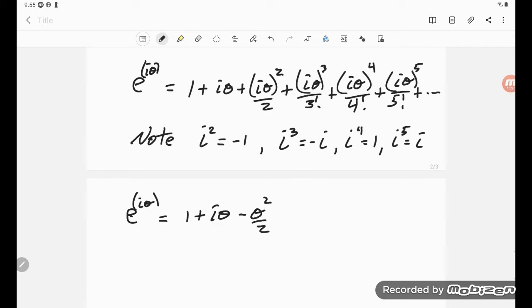And then I'll get i cubed there, so that'll be a minus i times theta cubed over 3 factorial. i to the fourth is 1, so I'll get plus theta to the fourth over 4 factorial. Then I'll get my plus i theta to the fifth over 5 factorial. And then minus theta to the sixth over 6 factorial, and so on.